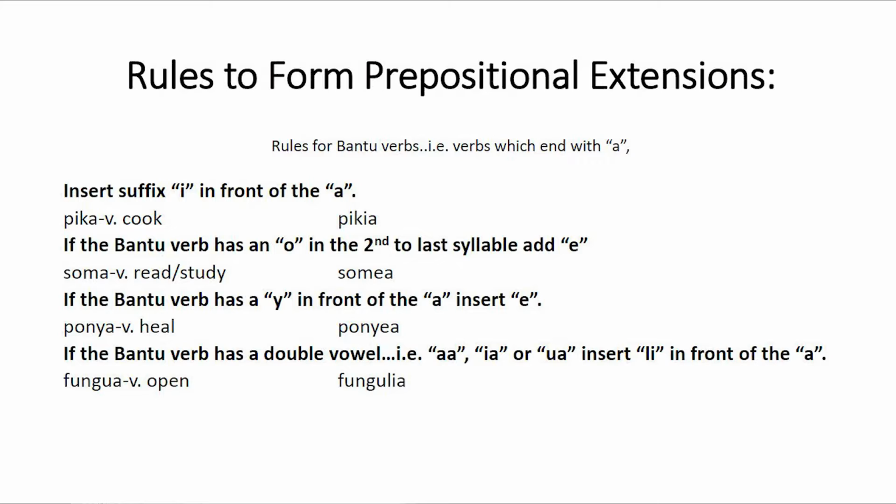Now, if the Bantu verb has a double vowel, like AA, IA, or UA, then you insert LI in front of the A. So open, fungua, becomes open for, fungulia.